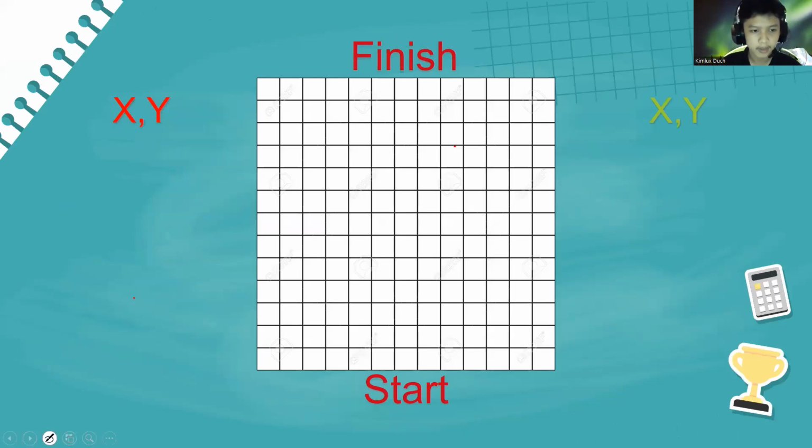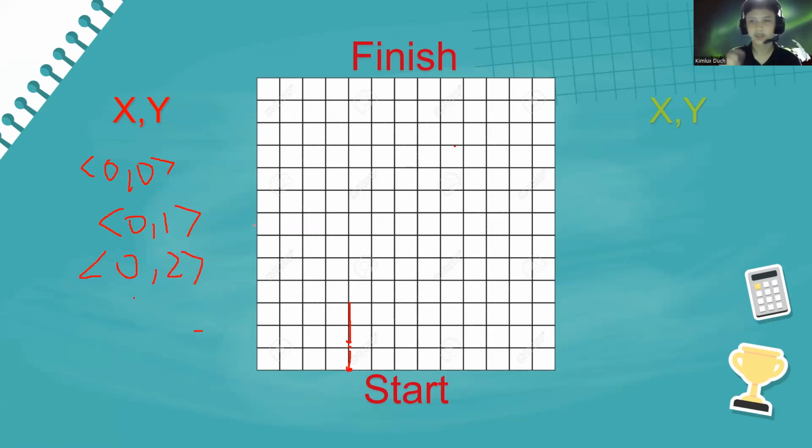So let's take this example. Your starting point is 0, 0. Then your first move is 0, 1. Then your second move is 0, 2. By applying the third rule, if you are moving to the right, you are moving by only the value of 1.